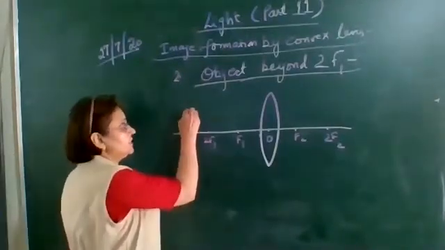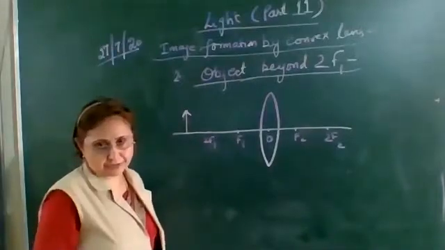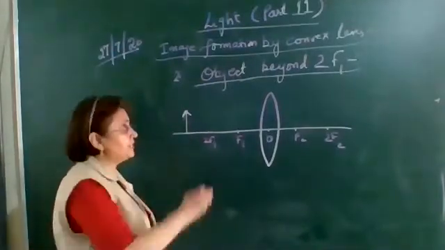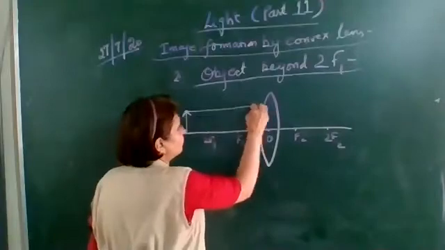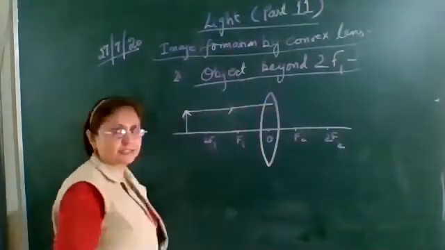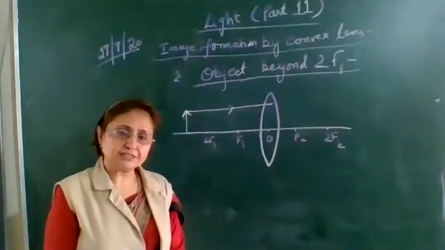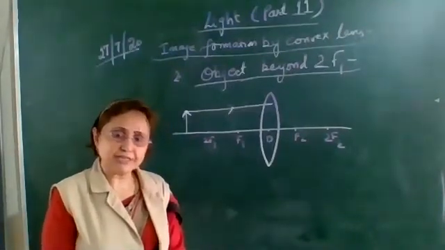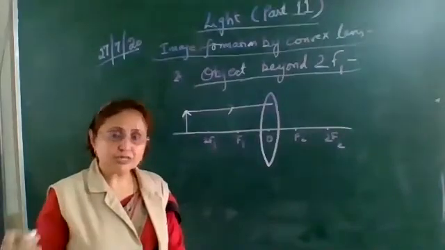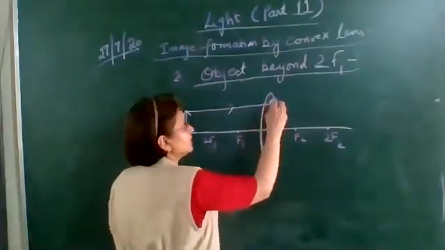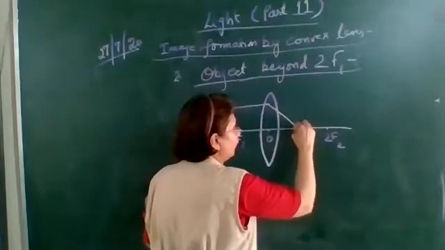The first incident ray from the tip of the object we are drawing, you can consider it to be parallel to the principal axis. According to the rule which we have studied, it will pass through the focus on the other side. So this ray of light passes through F2.